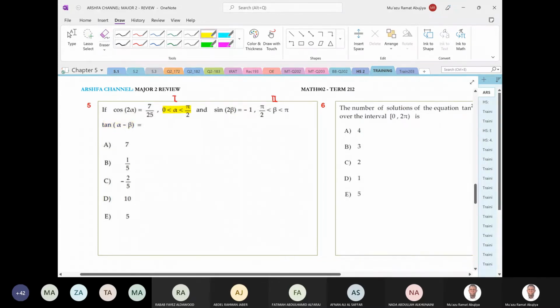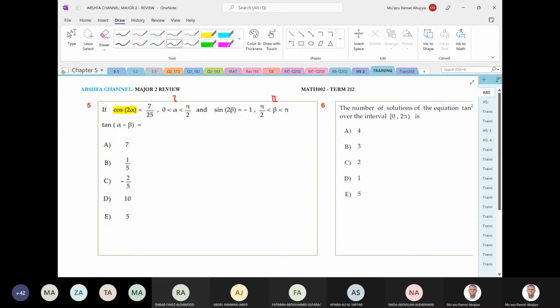Now please, let us look at it. Here, I want to look at the double angle of cosine. Is there a way we can convert the double angle of cosine to single angle? Yes, of course. We have 3 properties. Now, the choice is yours. You can use any one you like.